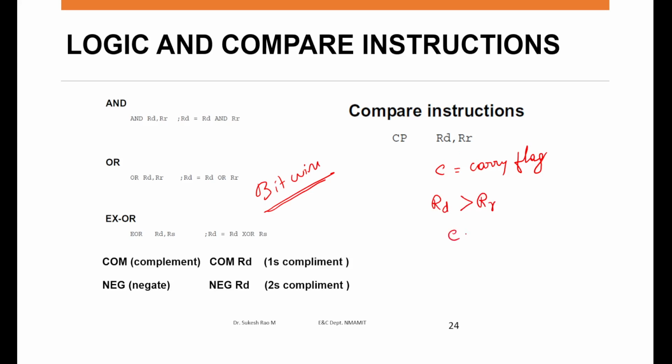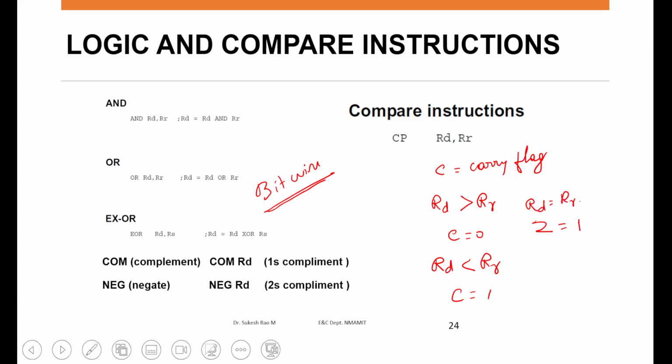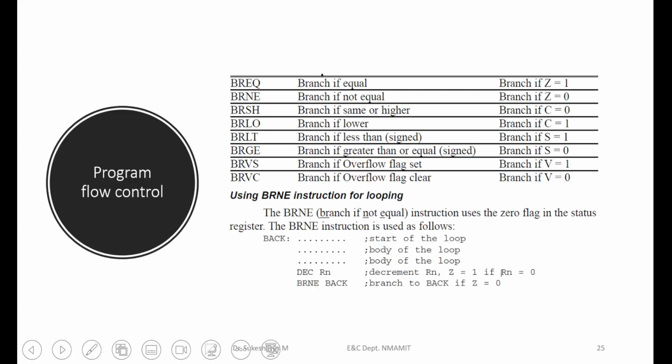Then obviously carry is 0. If RD is less than RR, then carry is 1. How do you check equality? Zero flag. If zero flag is 1, then RD equal to RR. That's a very simple logic with the compare instructions. So based on this CP, we execute a branch instruction. So usually that's the case.